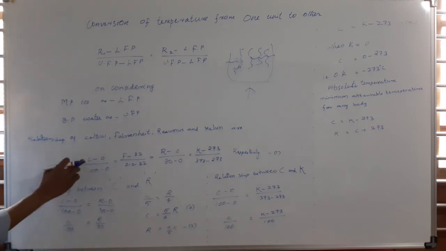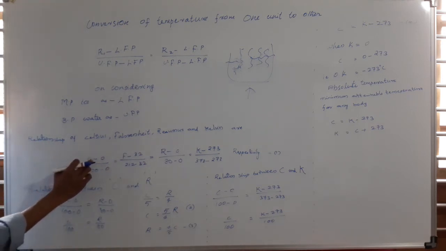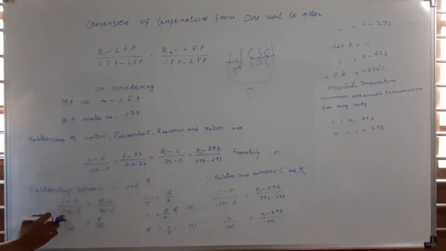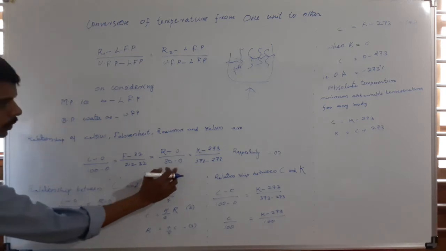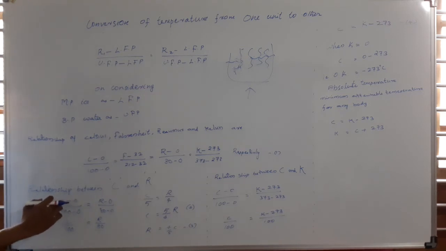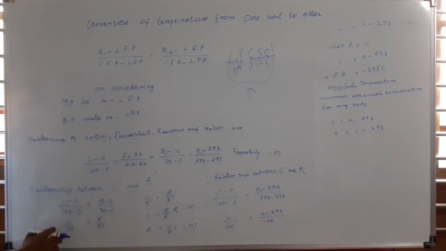In the Celsius scale, C minus 0 divided by 100 minus 0 equal to R minus 0 divided by 80 minus 0. C minus 0 is nothing but C, 100 minus 0 is nothing but 100, so C by 100 equal to R by 80.